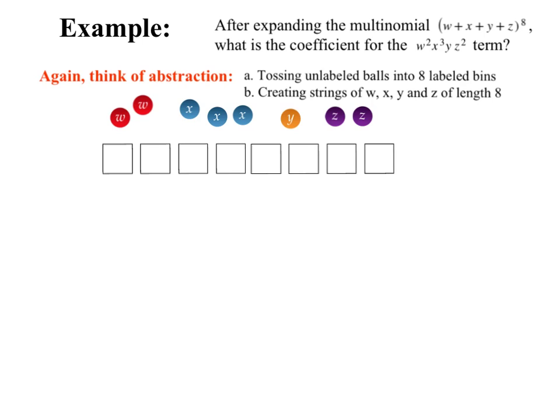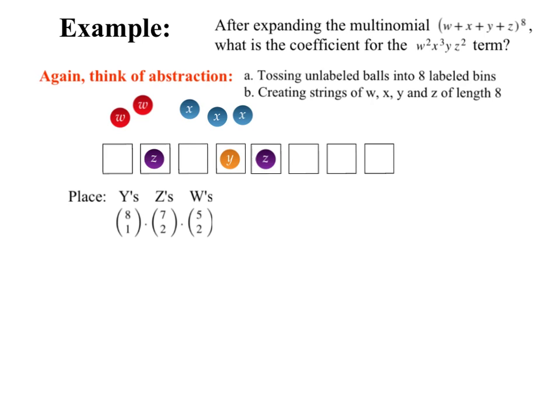So let's start off by placing y. There are 8 choose 1, or 8 ways of doing that. Then let's place the z's. Well, there's 7 spots left, so if we were to place the z here and a z there, that would work.